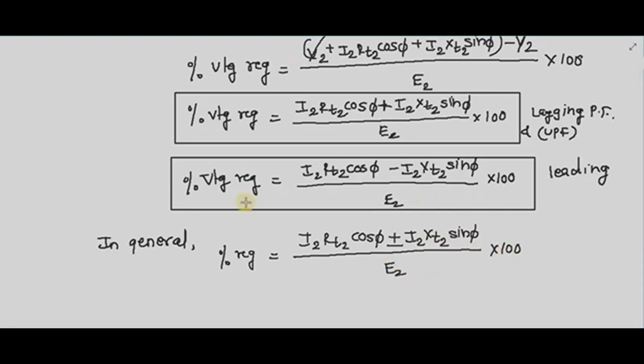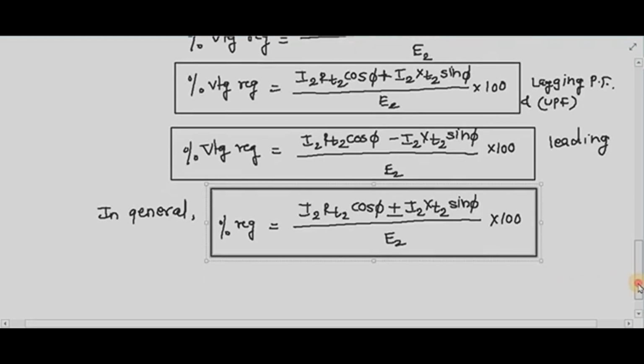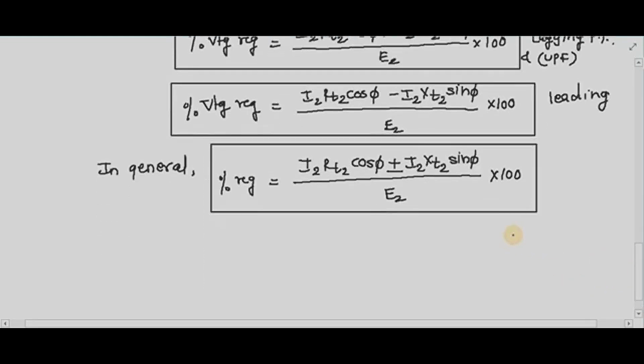The plus sign we have to take for UPF and lagging power factor. The negative sign we have to take for the leading power factor. This is the formula that I got from the approximate equivalent circuit of the transformer referred to the secondary side.